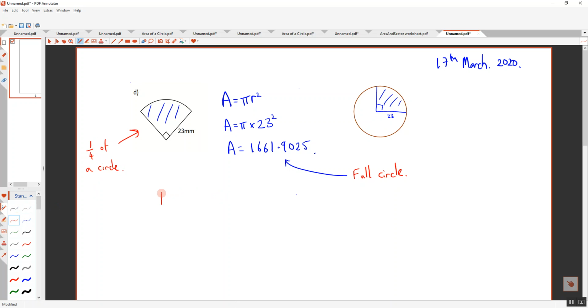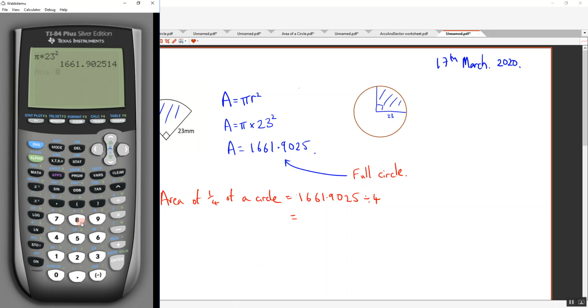So the area of the quarter of a circle is equal to 1661.9025 divided by 4. So put that in. I get 415.475. So let's round to 3 significant figures.